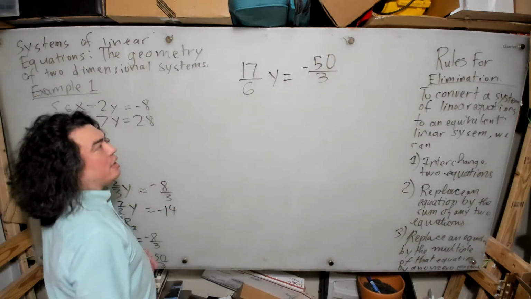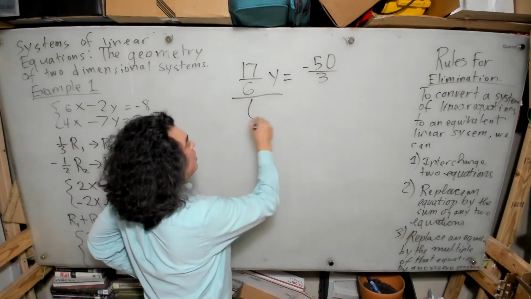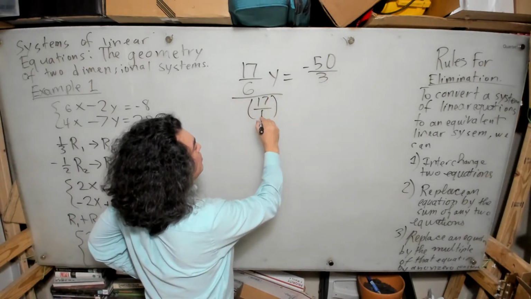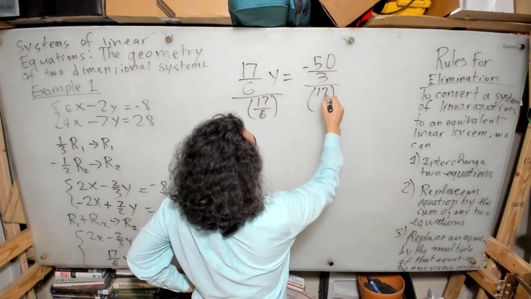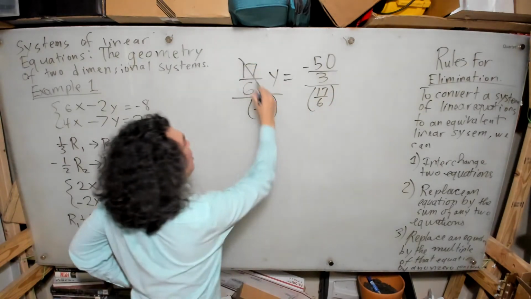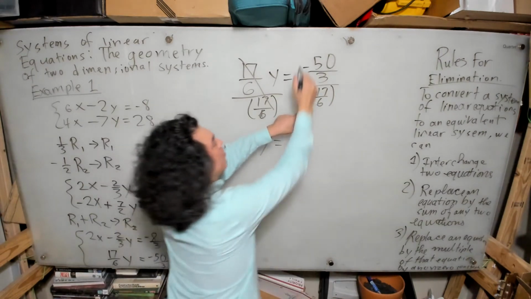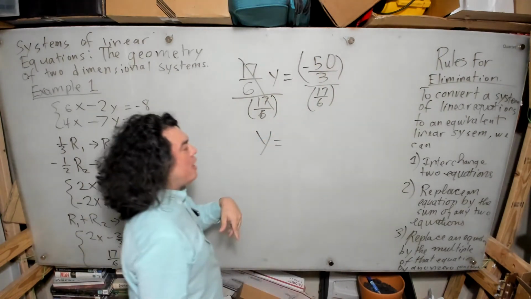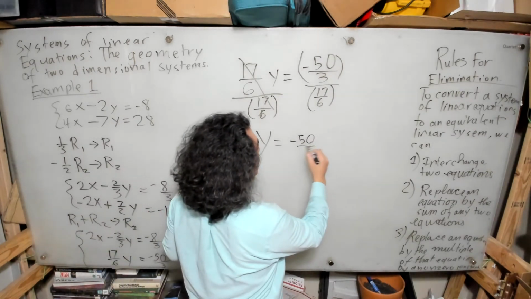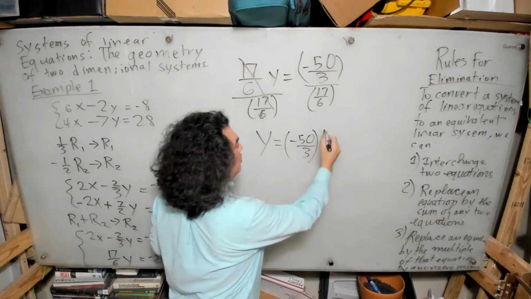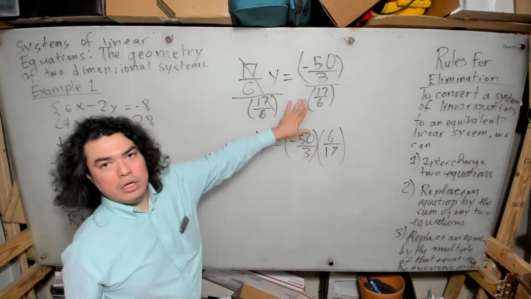So that means that I can get the y by itself. So what I'm going to do is I'm going to divide the left-hand side by 17 over 6. I'm going to divide the right-hand side by 17 over 6. And I see, aha, this goes away. I'm left with y equals, what happens when I divide by a fraction? I multiply by the reciprocal. So I'm going to have negative 50 over 3 times 6 over 17, because that's the reciprocal of 17 over 6.